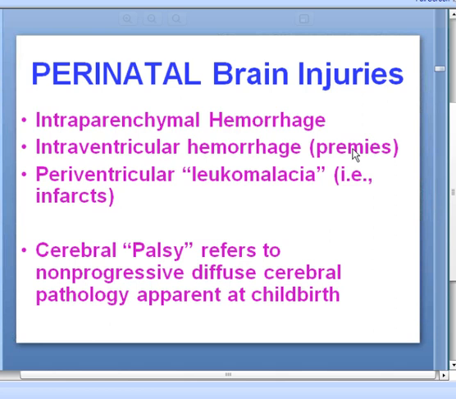So you do an autopsy on a stillborn baby or a baby that died perinatally, no matter what the cause was, you're very, very likely to see hemorrhage inside of the ventricles. And associated with hemorrhage inside of the ventricles, you can see little infarcts and softening of the periventricular tissue. And rather than just throw these words at you, let's take a look at it now.